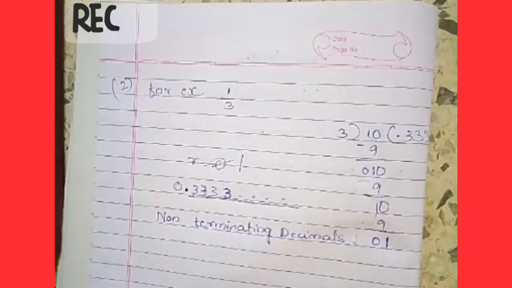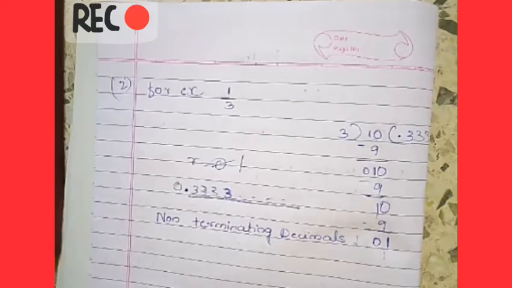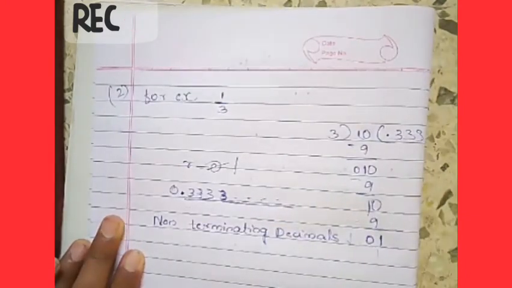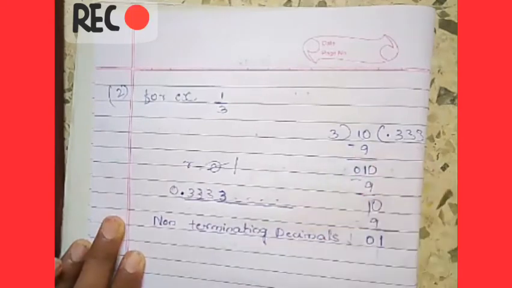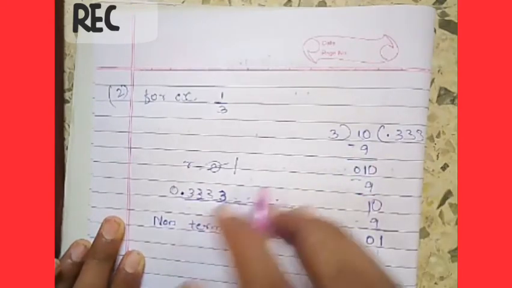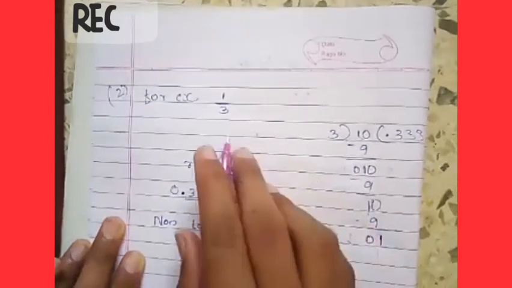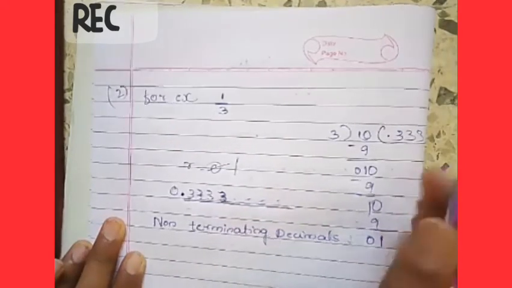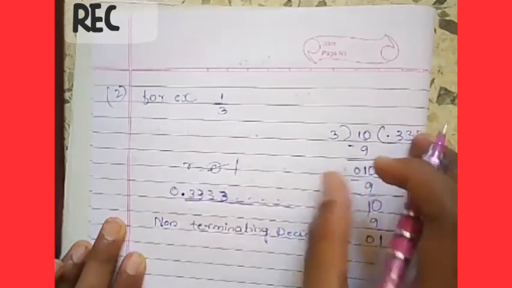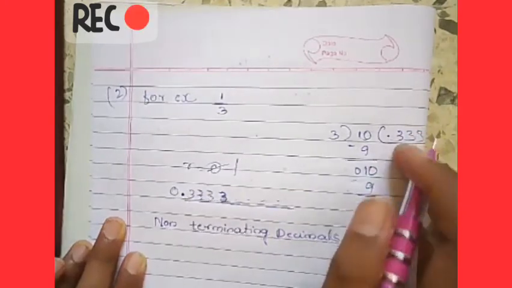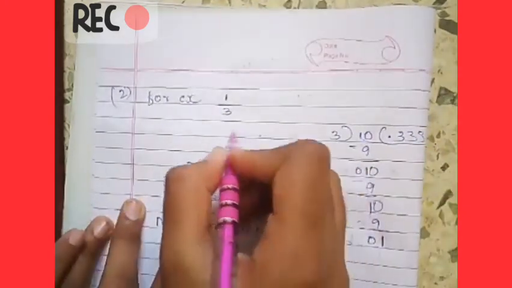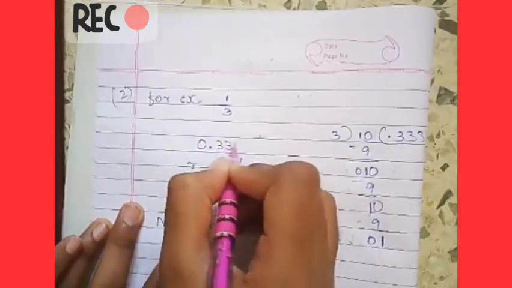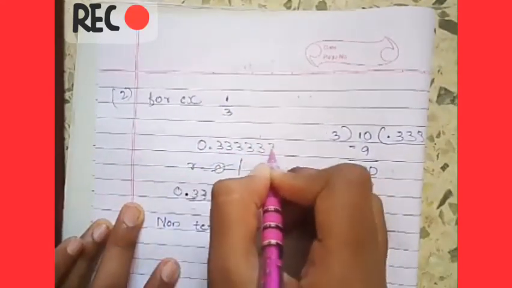Again, what you are going to see here is 3 is repeating itself again and again in 1 by 3. So here is a repeated pattern. 3 is recurring, which means the answer is 0.33333 and so on.